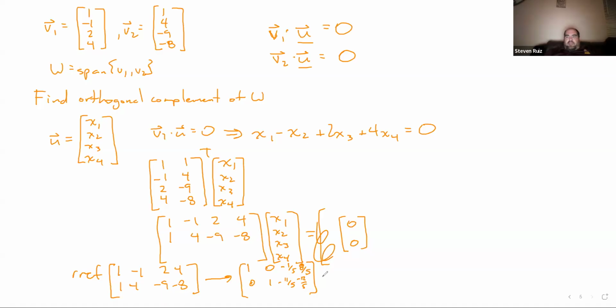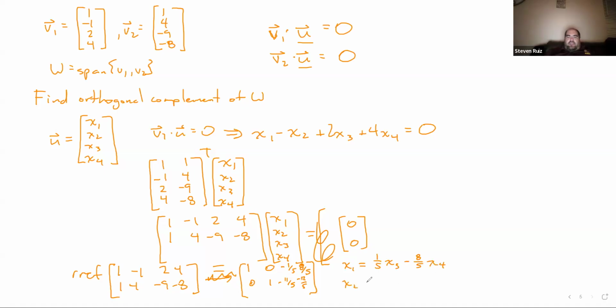So from here, how do I get the null space out of that? Let's reinterpret these two rows. I get x1 equals 1/5 of x3 minus 8/5 of x4.